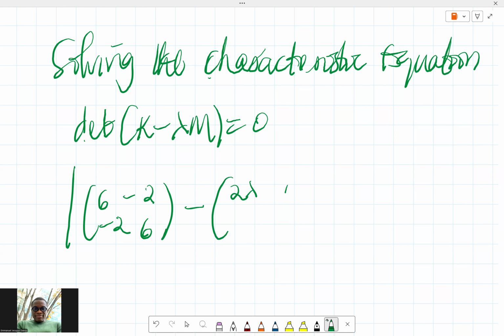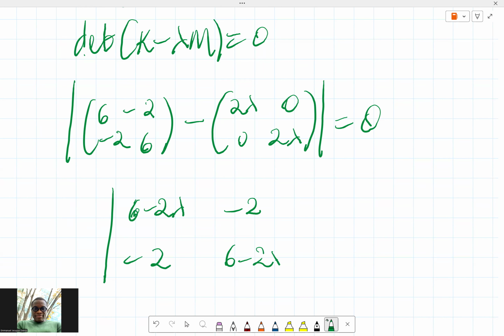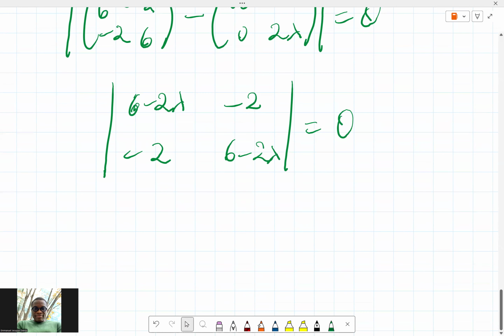So that's lambda M, 2 lambda, 0, 0, 2 lambda, and that is equal to 0. So that means we have 6 minus 2 lambda, then -2, then -2 again, then 6 minus 2 lambda, and that is equal to 0.